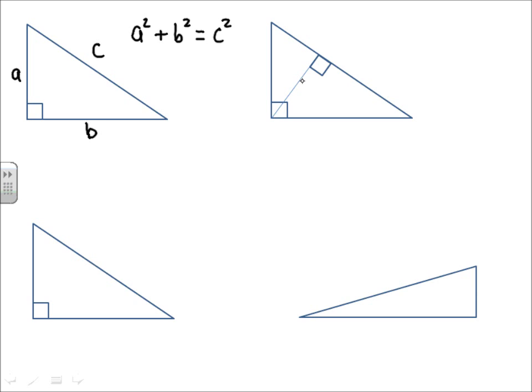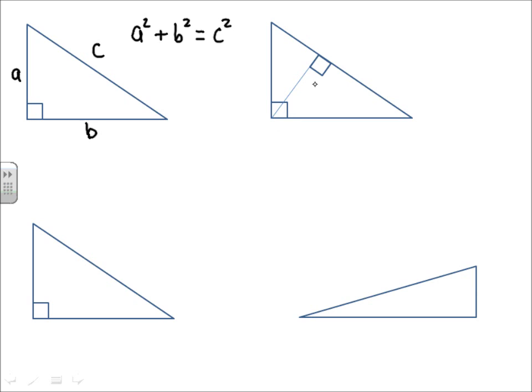I'm not going to prove it as we did in class, but it goes along these lines. When an altitude is drawn to the hypotenuse of a right triangle, digest that statement. We have a right triangle, the big one, and an altitude, meaning the height or the distance from this vertex to this side.